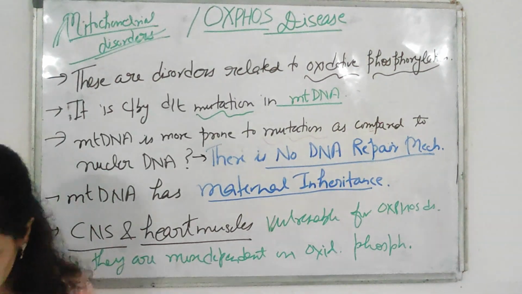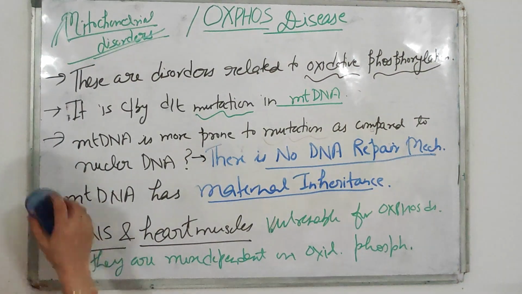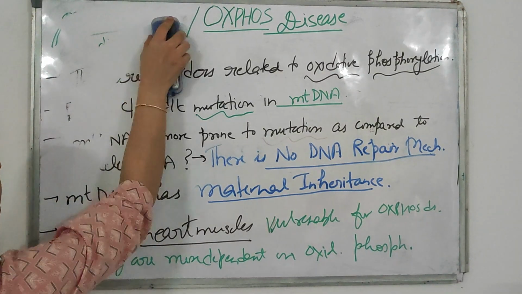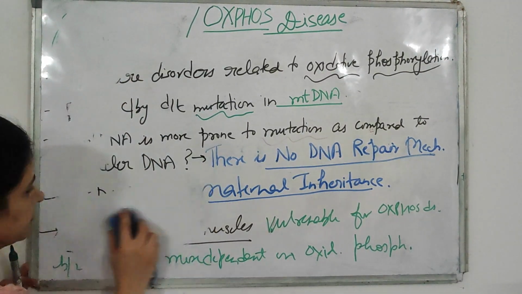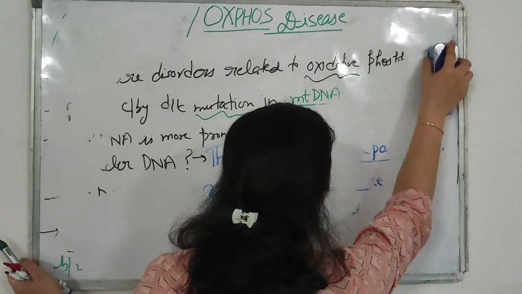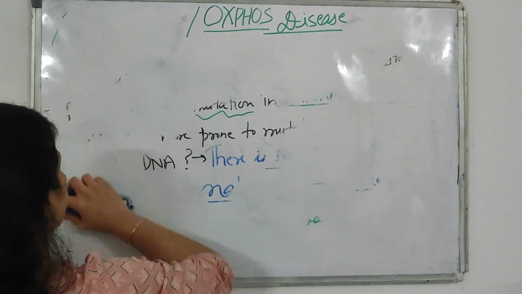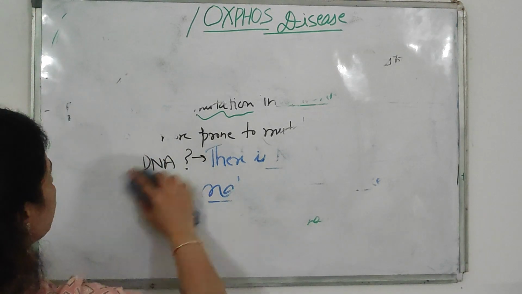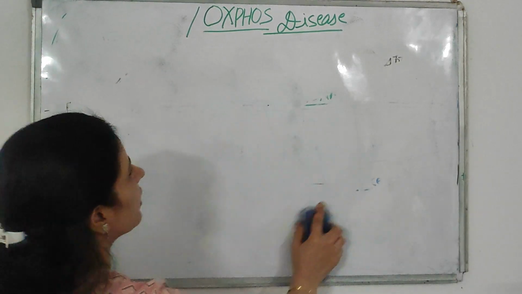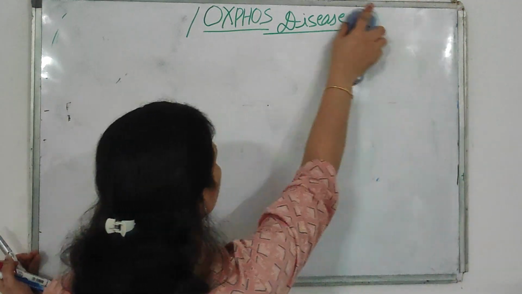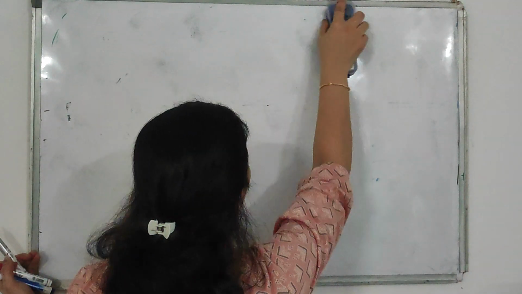Okay. Now let's understand what are the disorders or defects caused in OXPHOS disease. You will make a table. You will write it in tabular form so that it's easy for you to write and also easy for the examiner to check your copy. So let's make a table of all the kinds of OXPHOS disease.